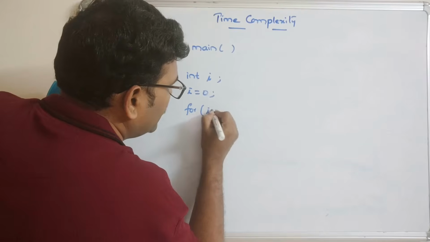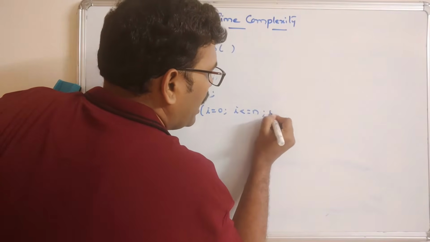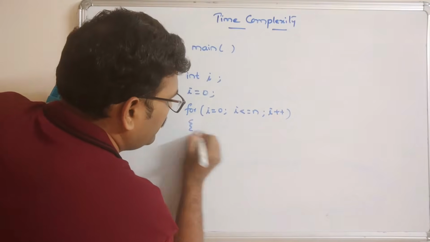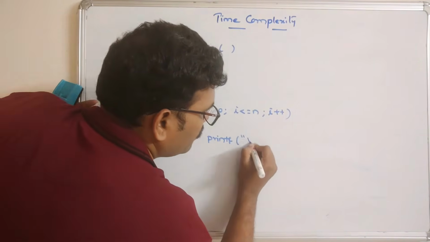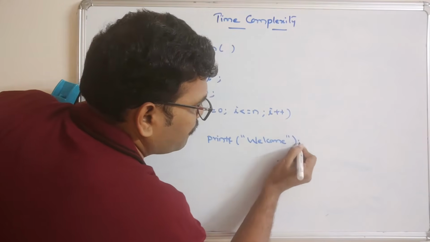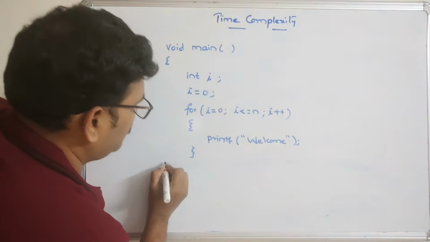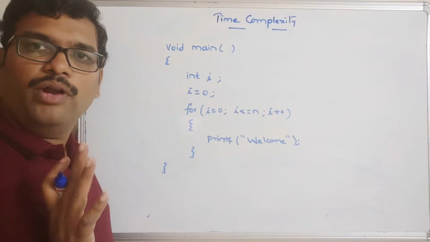For i is equal to 0, i less than or equal to n, i plus plus, and I'll write here printf welcome. Right, close. So this is the code I'm having.